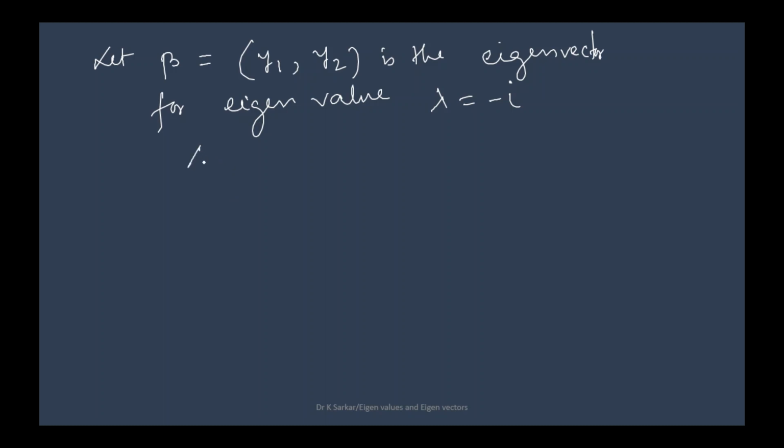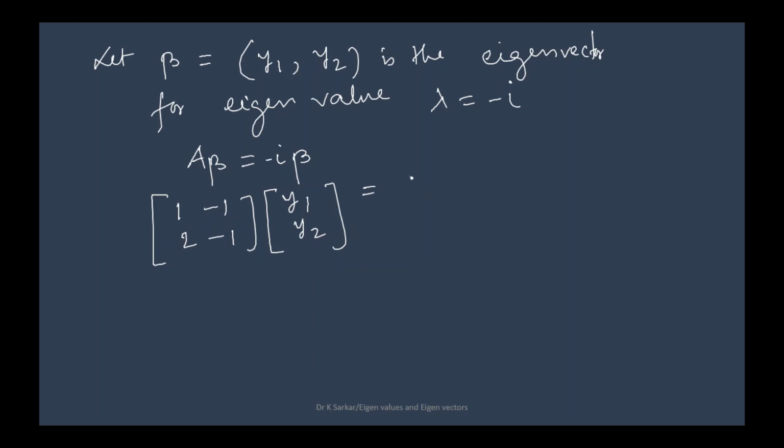Then A beta equals minus i beta. So we have 1 minus 1, 2 minus 1, y1, y2, equals minus i y1, minus i y2.